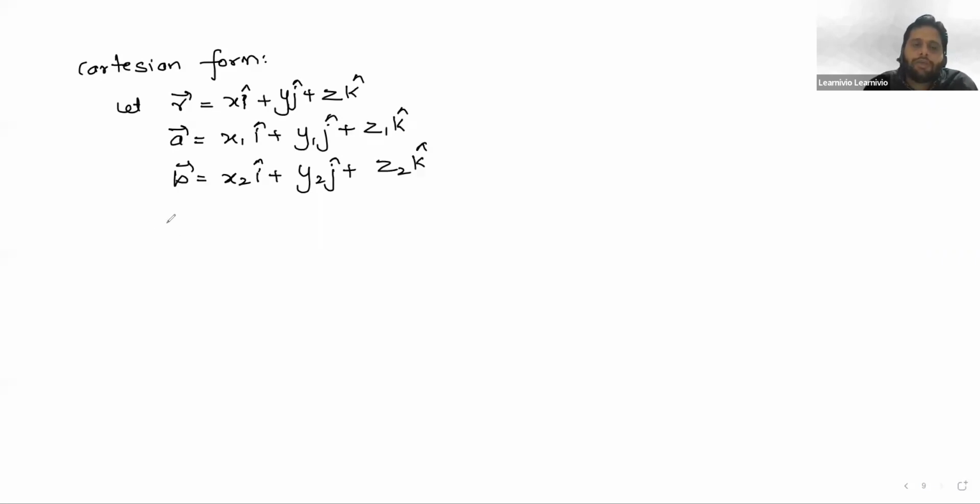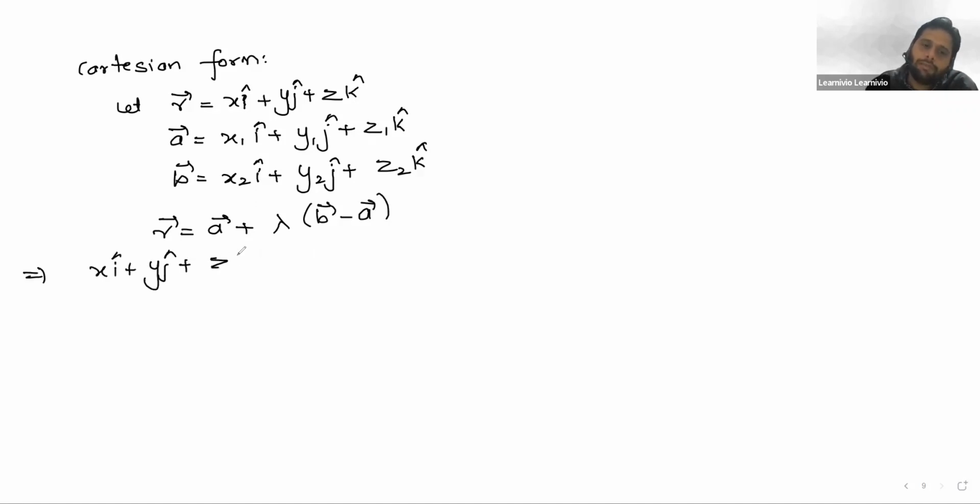Put all these values. So r is a plus lambda times (b minus a). Put this value: x i cap plus y j cap plus z k cap is equal to x1 i cap plus y1 j cap plus z1 k cap plus lambda times (b minus a).